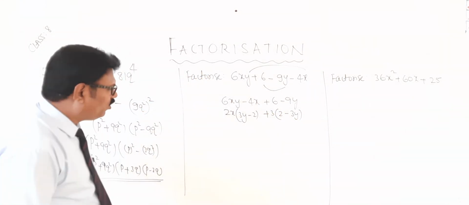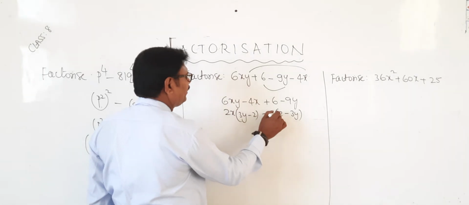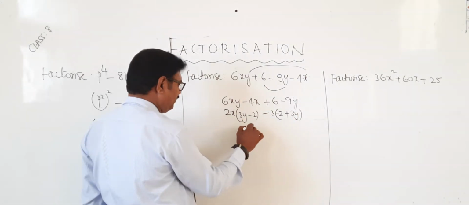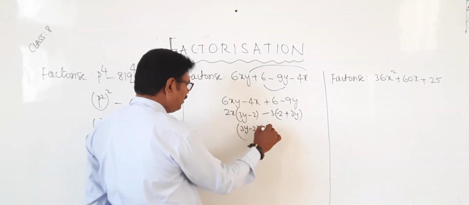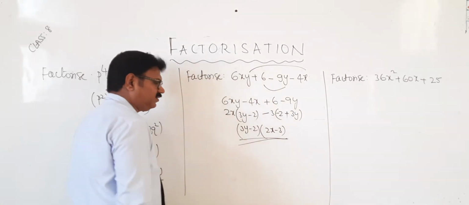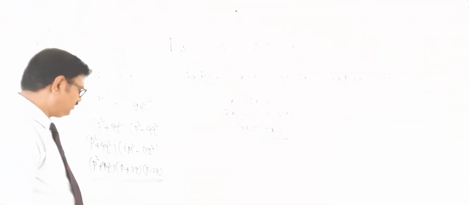But here both are different only, therefore we can't do like this. Plus will become minus, this will become minus and this will become plus. Okay? Therefore 3y minus 2 if you take common, it is nothing but 2x minus 3. Okay? So very simple method.